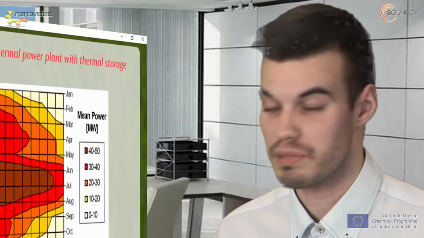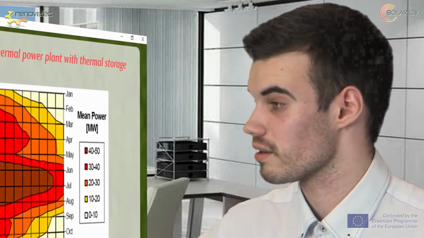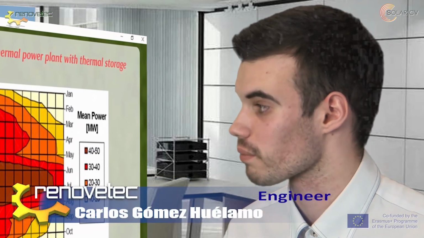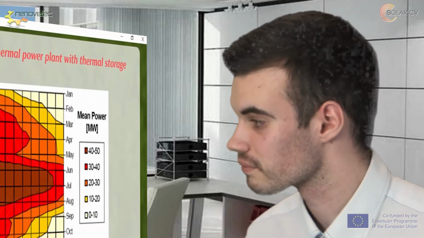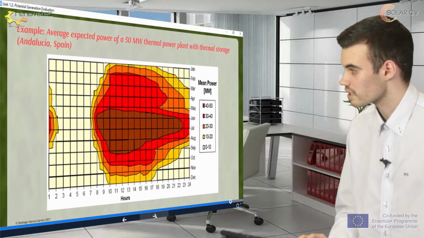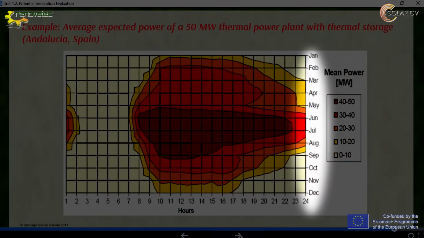For example, in this picture we are able to see the expected power of a 50 megawatt thermal power plant with thermal storage, for example in Andalusia, Spain. Here is the mean power, megawatts, and this is the legend. These are the hours, and these are the months.